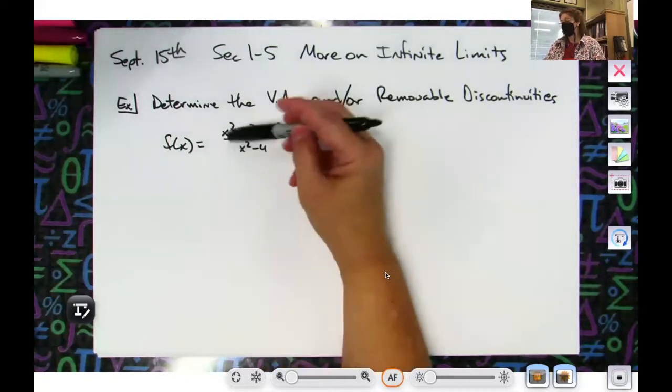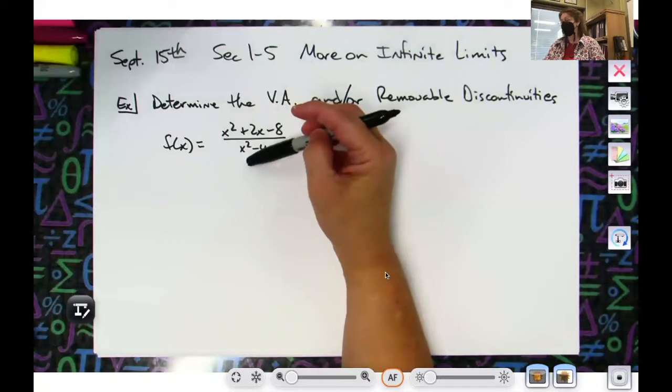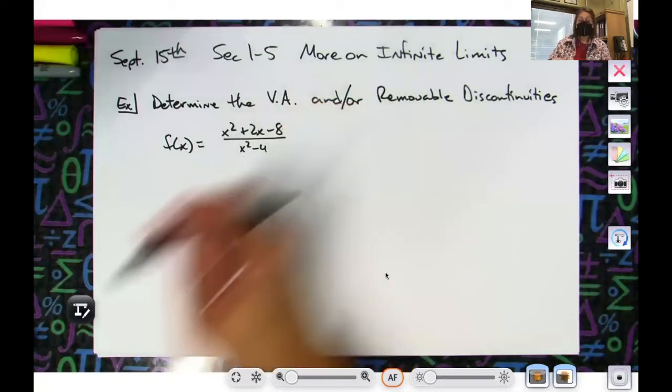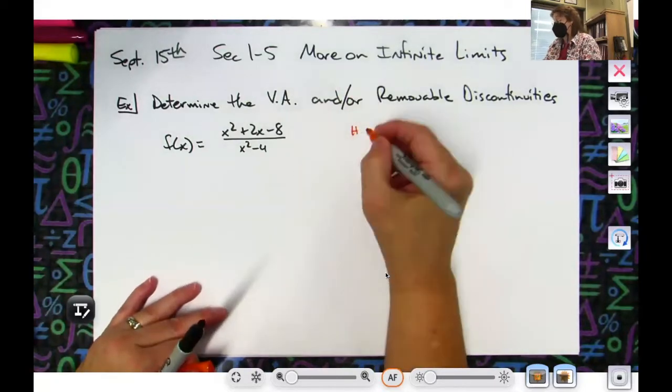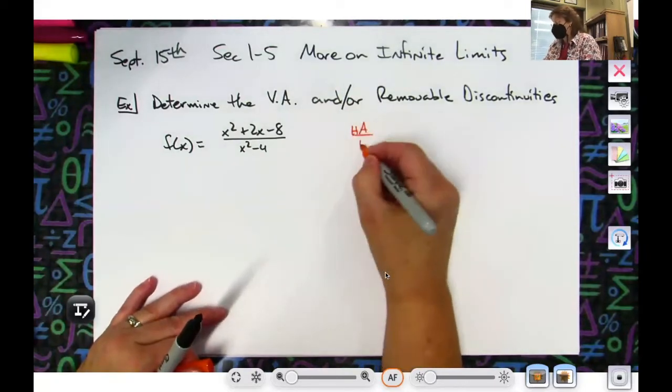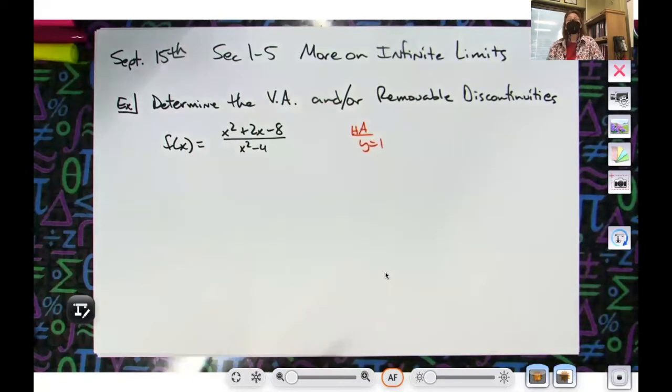We've got an x squared and an x squared, so by our rules, we've got a horizontal asymptote at y equals 1, okay? Not that that necessarily answers the question at all, but do you remember those things from pre-calc? Can you know some things about the function in general? Because that's where I need you to be. We're looking at limits, and you've got to be able to mentally picture some things going on with the graph.